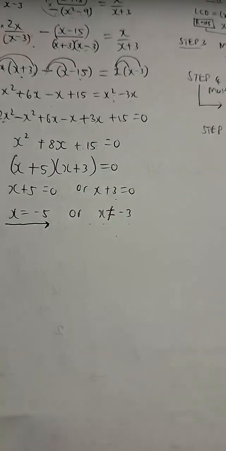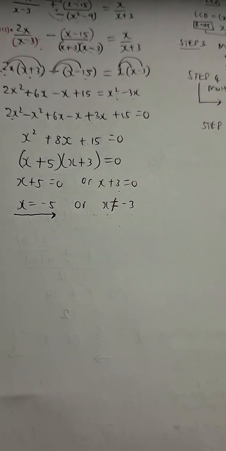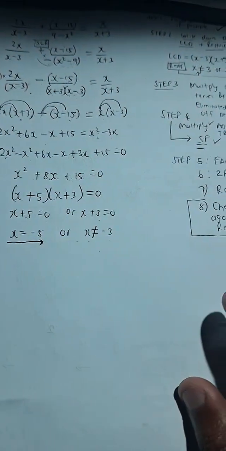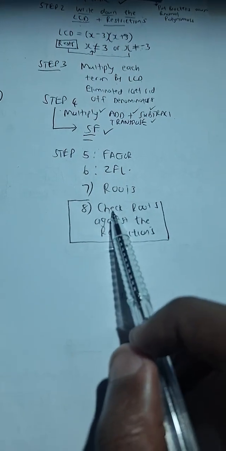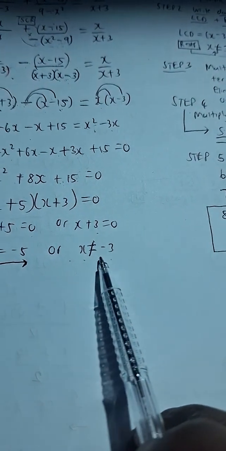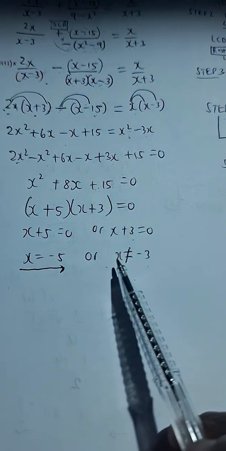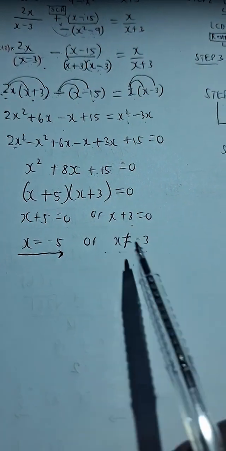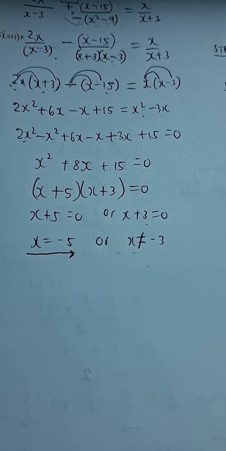Do you see now, guys, why it's so important to write down your restrictions? Because the last step in these types of questions with fraction equations requires us to check our roots against our restrictions. If one of the restrictions is not something that we should be including in our answer, then we make sure that we exclude it from the answer. Make sense?